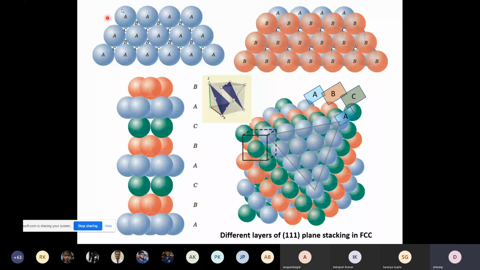So on A layer sits B layer. On B layer, there will be A and C grooves. If I put atoms in C, then it's FCC. You see the way the atoms are arranged, and the planes I am showing. These are the parallel planes. When sliding occurs, sliding occurs on this plane.